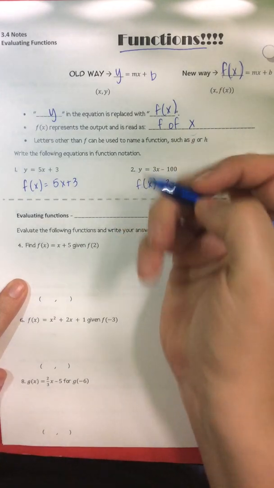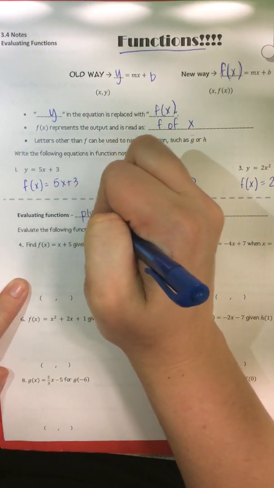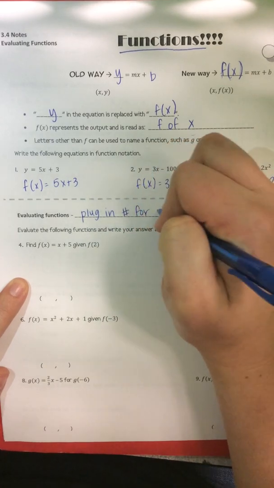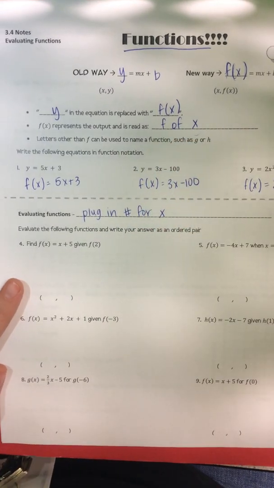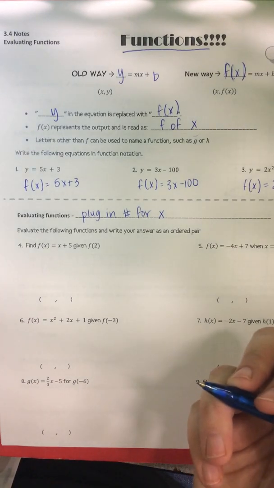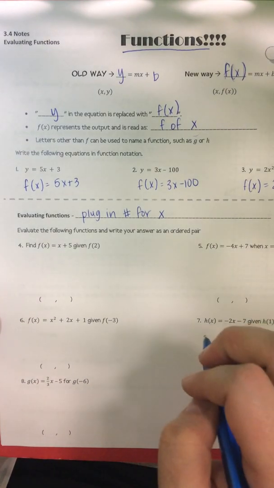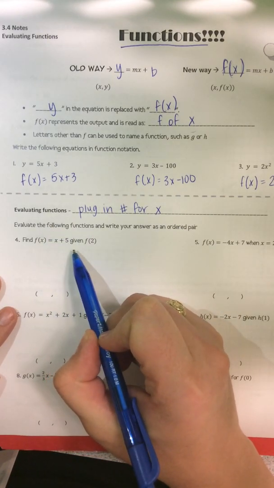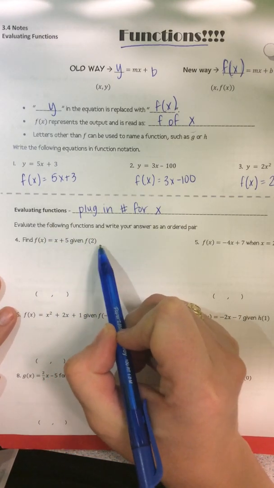When you're evaluating a function, that just means we're plugging in a number for x. So when you go through and you plug in your number for x, that just means I'm replacing all my x's with a parentheses and the number that they gave me. So this first one, our function is x plus 5, and we're going to look for f of 2.